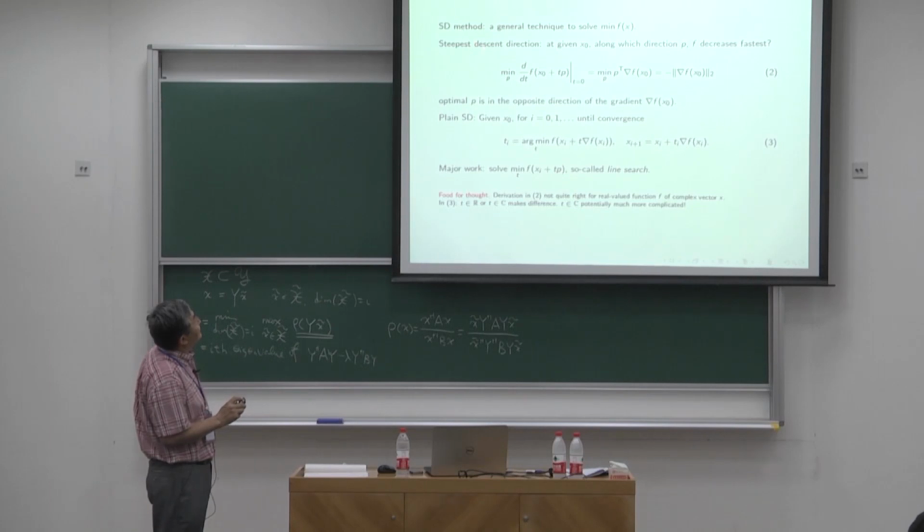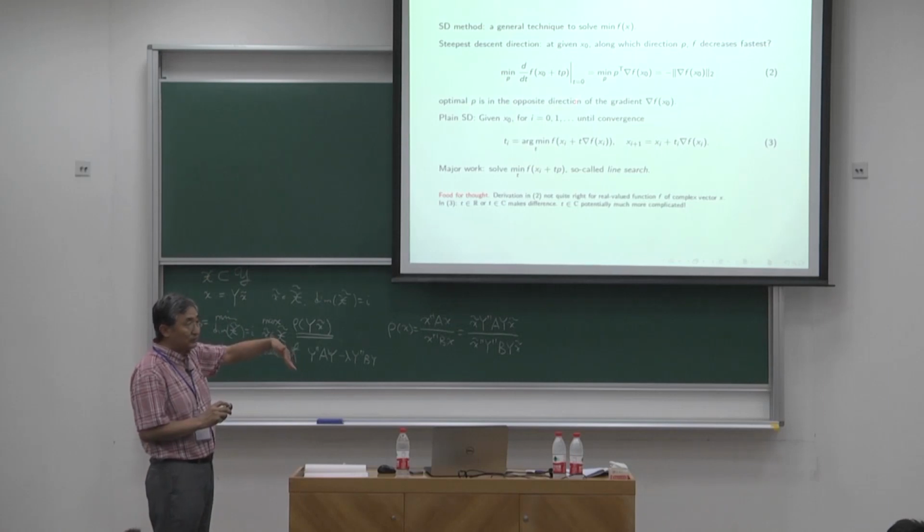Why we call it the steepest descent direction, the steepest descent method, is because of the direction we're moving the function value. Because this is a multivariable function, you look for a direction to move so that the function decreases in the fastest fashion.